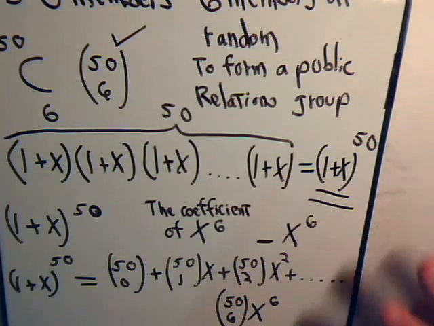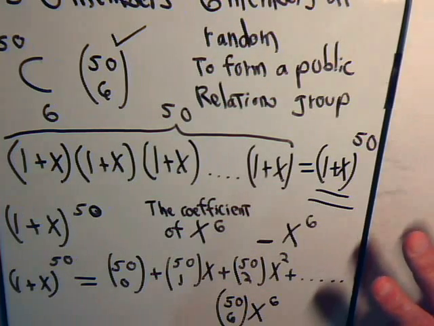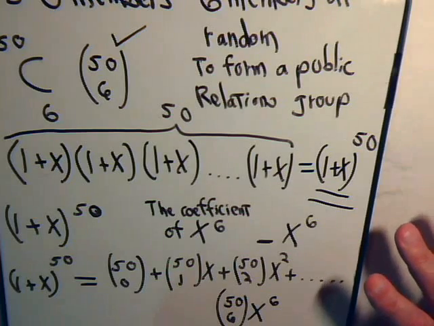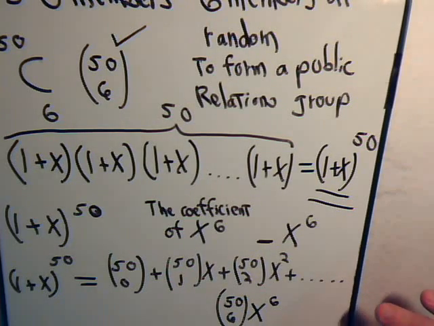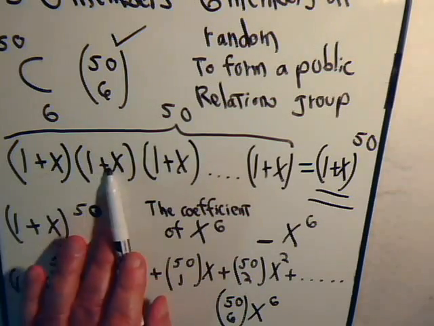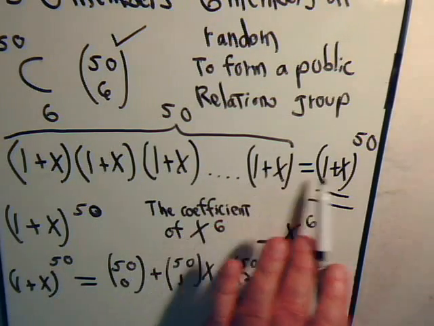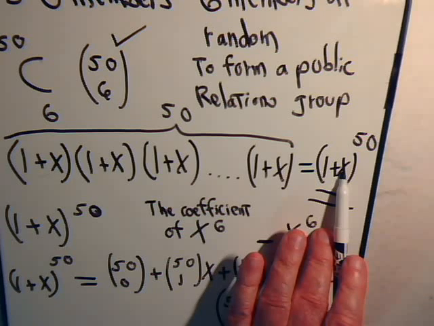And like we said just earlier when we were dealing with the objects A, B, and C, if you want to consider how we can choose from among all 50 members, then it's all 50 of these multiplied together to give us this.